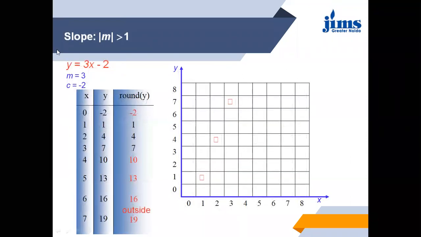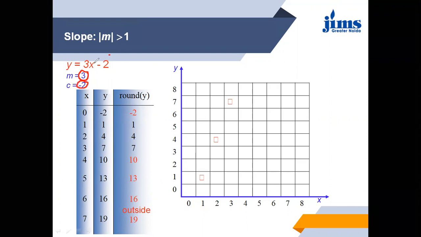So let us see that also. From here we can see that the value of m is 3. Value of m is 3. And c is equal to minus 2.